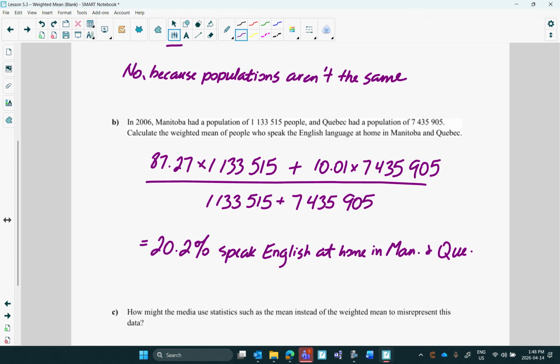Okay, which makes much more sense. Because there just wouldn't be that many that would speak English; the 48% is way too high, right? Because the population of Quebec is very high and the percentage of that speak English at home is low.